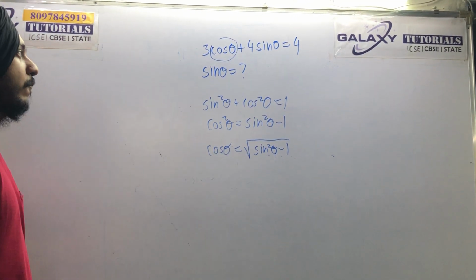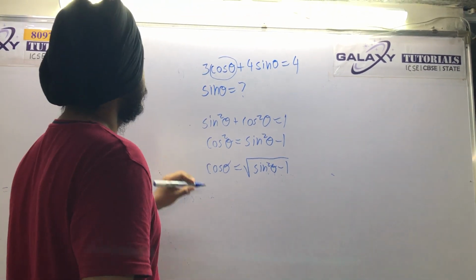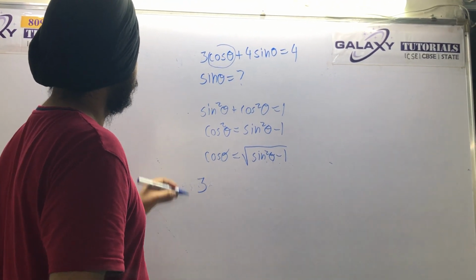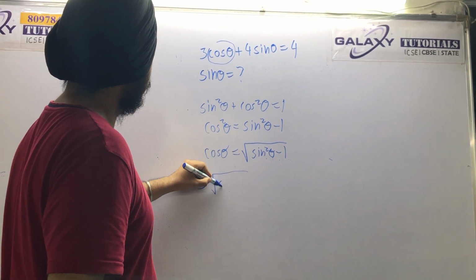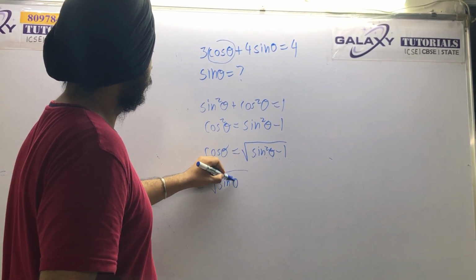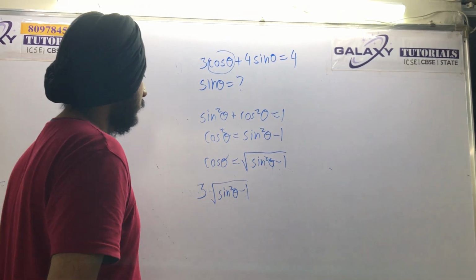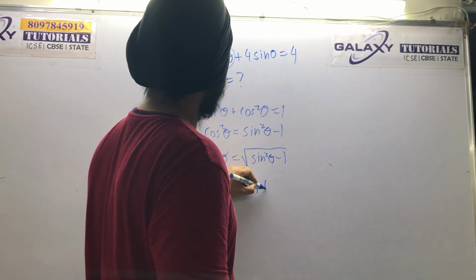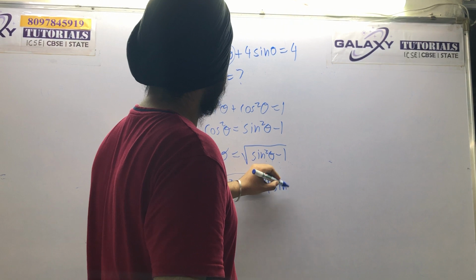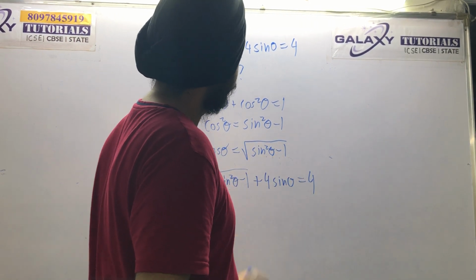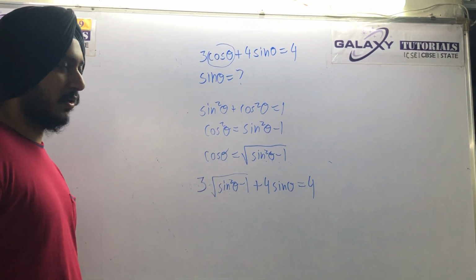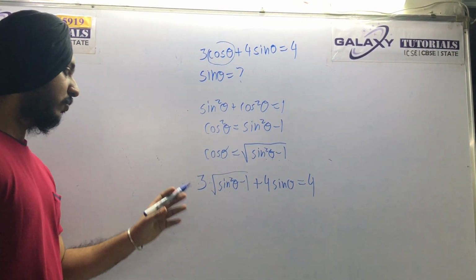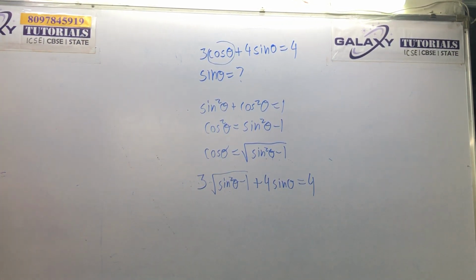Now we know the value of cos theta, we will substitute here. This will be 3 root of 1 minus sin square theta plus 4 sin theta equals 4. Now how to eliminate this square root? By squaring.